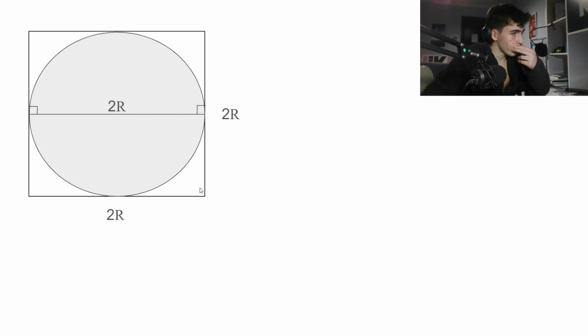This is because the bottom and the top sides are forming a right angle with these sides. This is also perpendicular and this is also perpendicular to the same sides, so they are parallel. And we know that they are contained in the same area, so this diameter is contained by these two sides and this side is contained by these two sides. Therefore this diameter is equal to this side, and we know that this side is equal to this side, so diameter equals all sides.